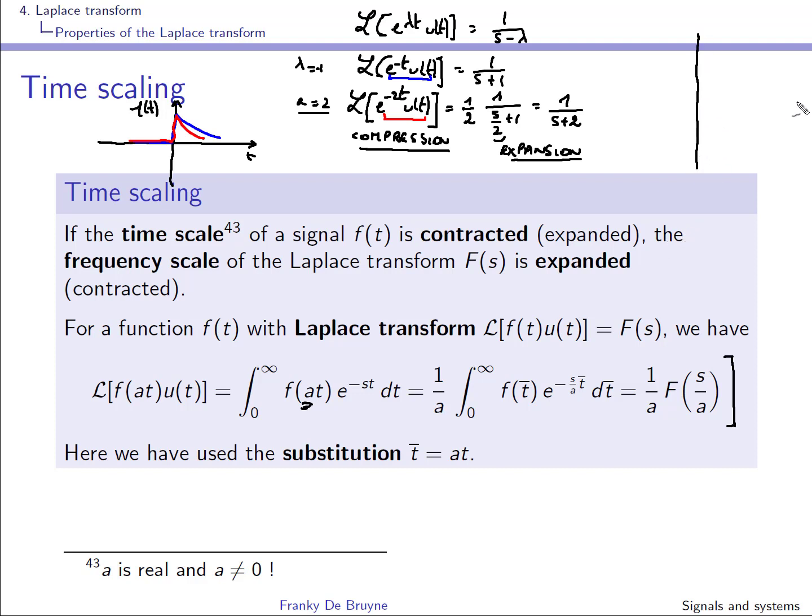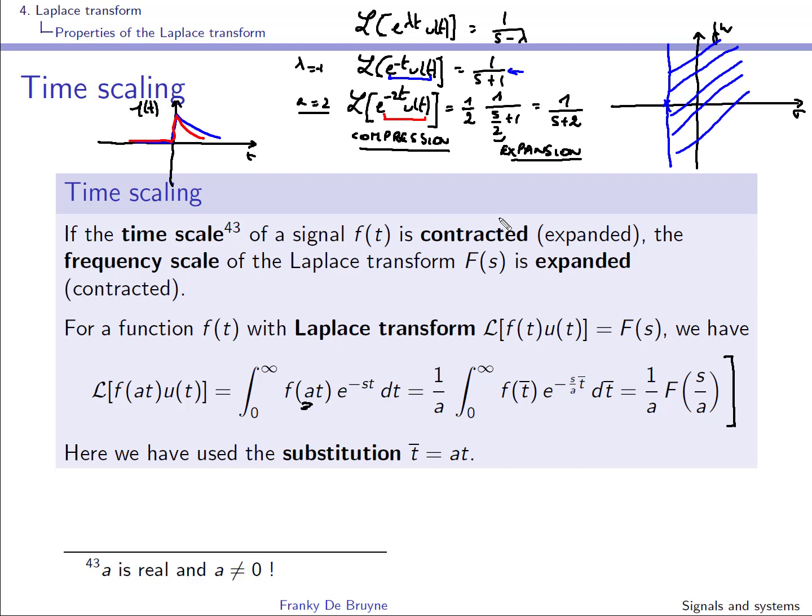You can also clearly see it from the regions of convergence. So there is indeed an influence on the region of convergence. So this is the real part of s, here the imaginary part of s. The Laplace transform over here will have a pole in -1, and the region of convergence is to the right of that, so this is the region of convergence.